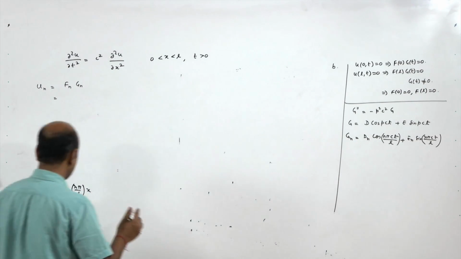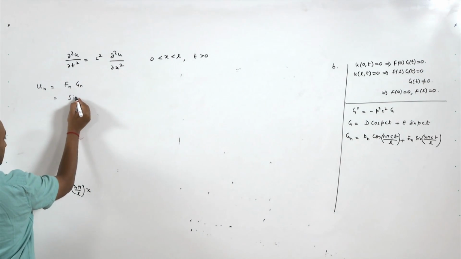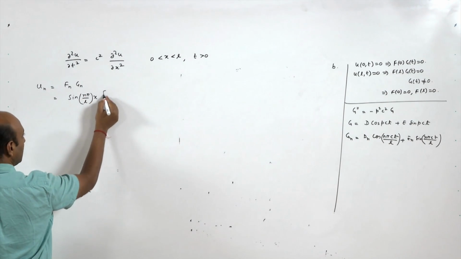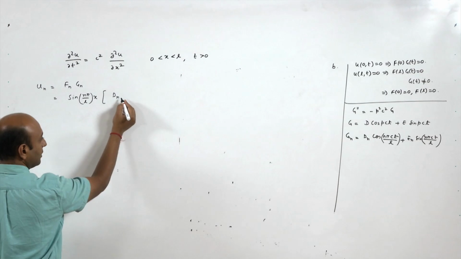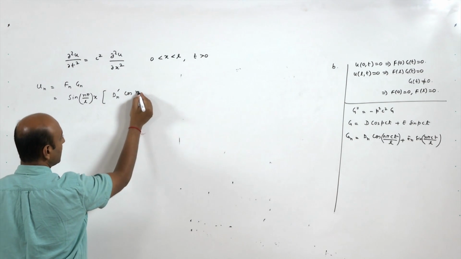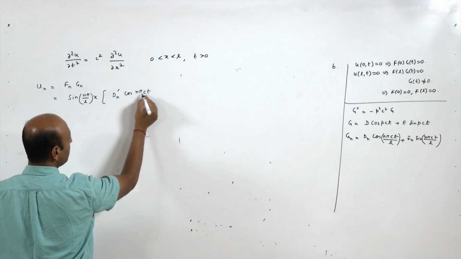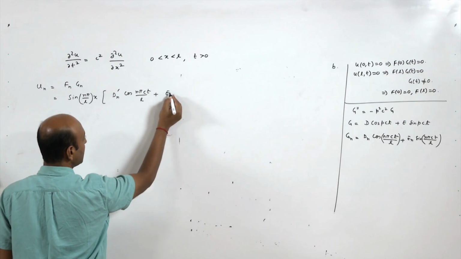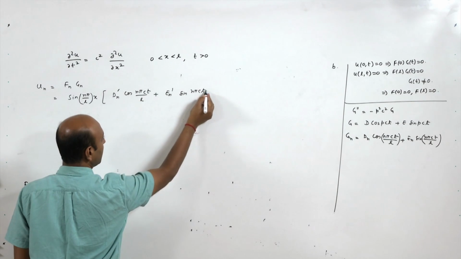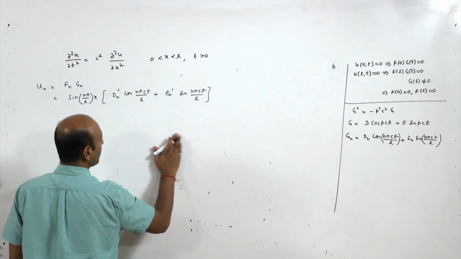So finally, we will get sin n pi by L into x into the new dn, suppose dn dash cos n pi c t by L plus en dash sin n pi c t by L.